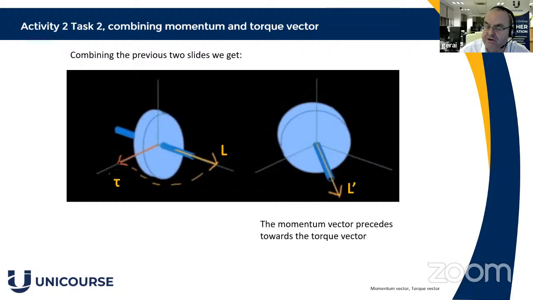And what will happen, and this takes us back to the original linear motion, is the momentum vector tries to follow the torque vector, or the force equivalent. So the axes will rotate in this direction, in that plane.